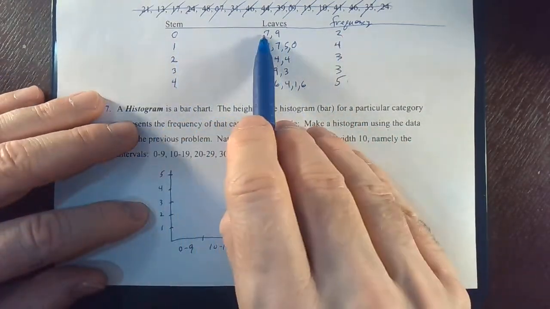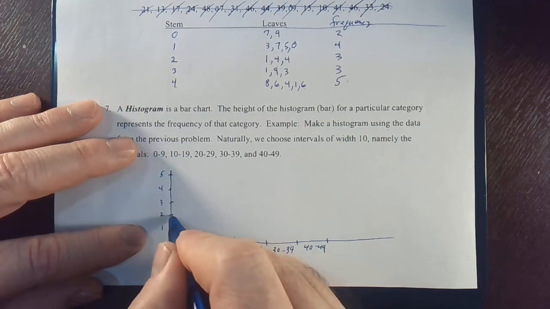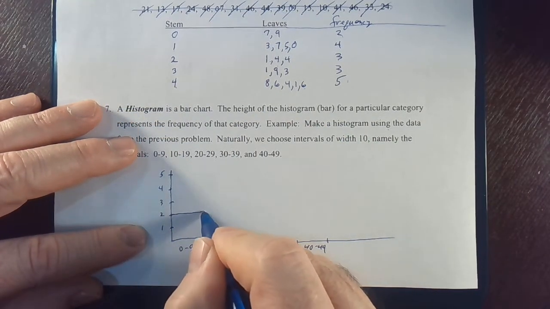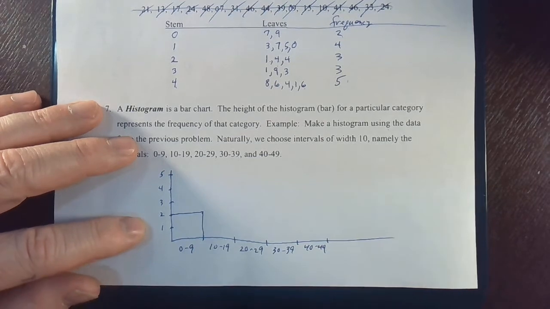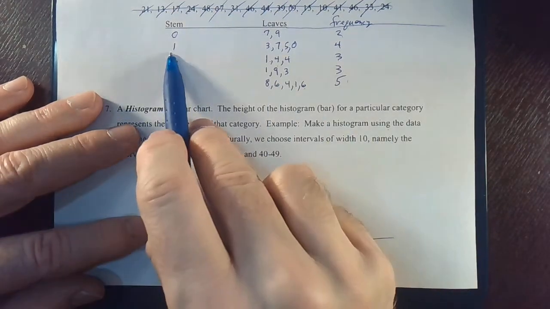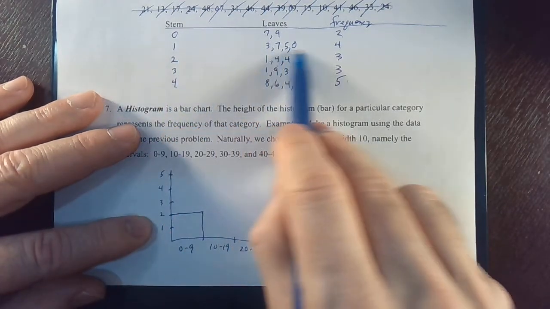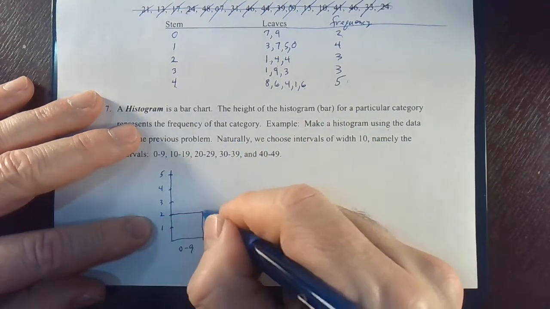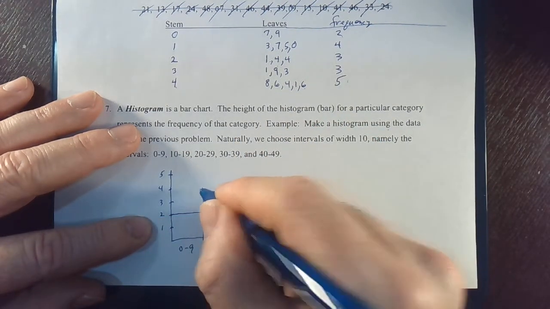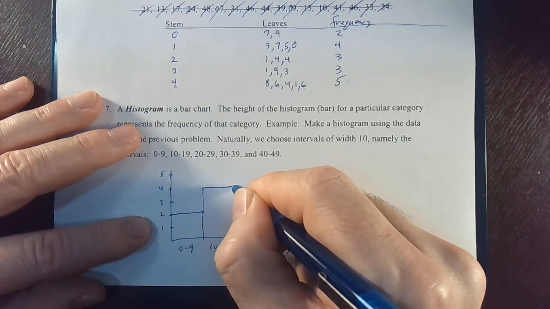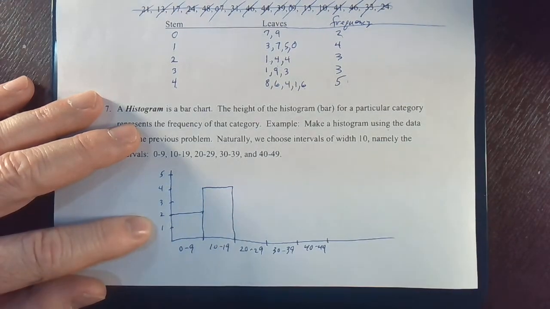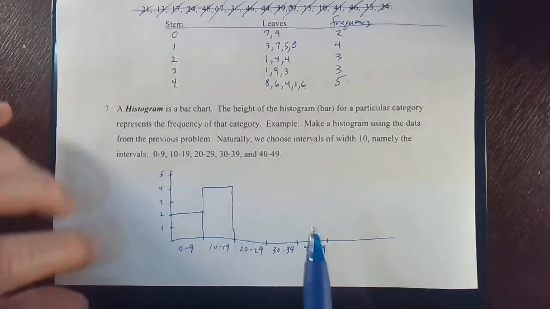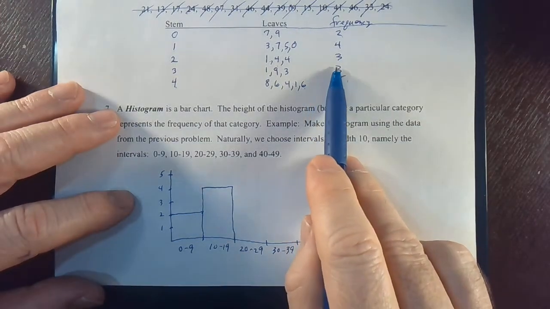Remember, it was just the numbers 7 and 9. So we're going to draw a bar that has a height of 2. Just like that. 10 to 19 means the stem was a 1. We had a frequency of 4. So we go up like this, and then a height of 4, like so. And then 20 to 29 should be a height of 3.